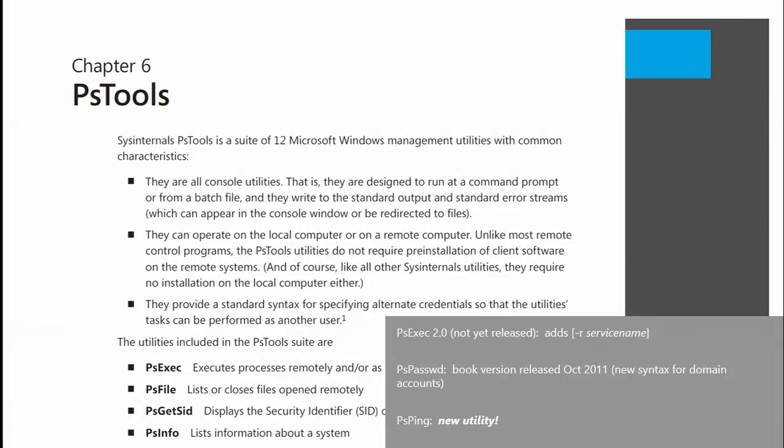So we discussed how can we improve that, and so it got a major redo. Totally different syntax for domain accounts and local accounts. But then the book came out in June or July of 2011, and the utility didn't get updated until October of 2011. But the book is actually accurate and complete.